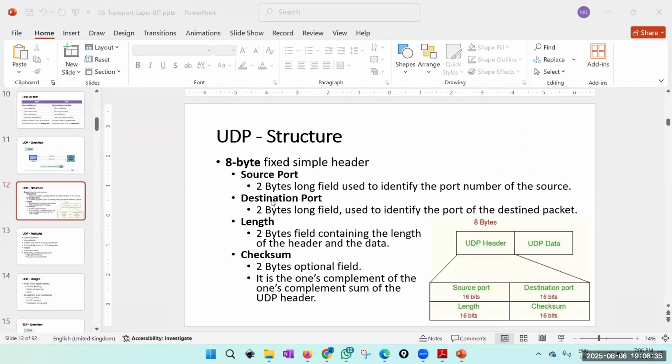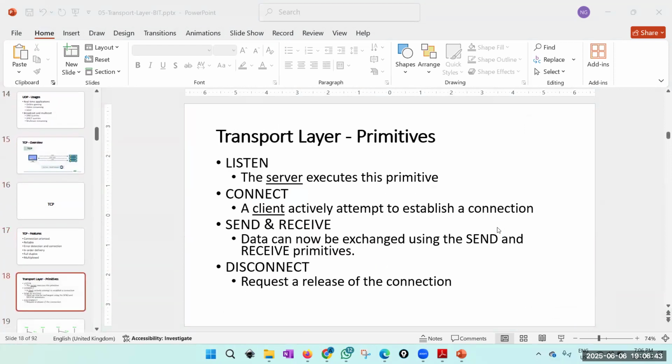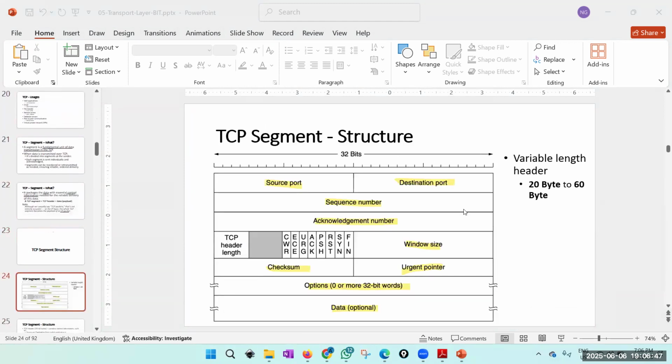Right. The UDP header is 8 bytes. But TCP must be bigger than that. It's 32 bit words, right? 20 bytes to 60 bytes, variable length. Minimum 20 bytes, maximum 60 bytes.